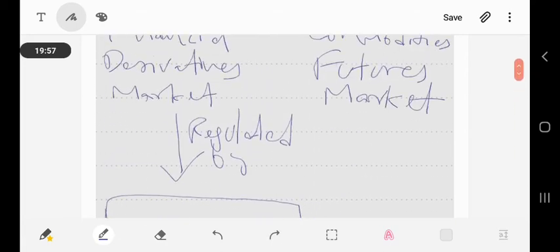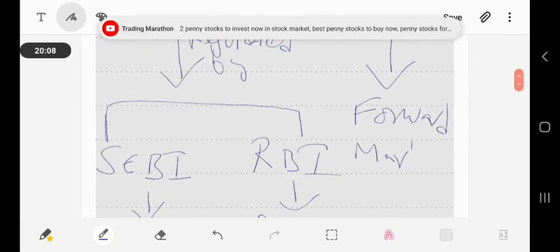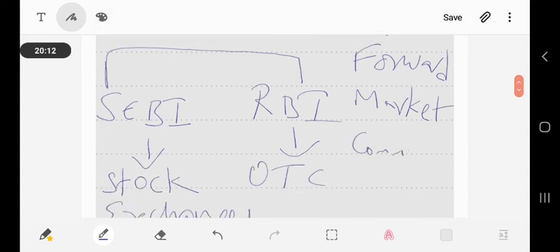On the other side, the commodities futures market is regulated by Forward Market Commission.